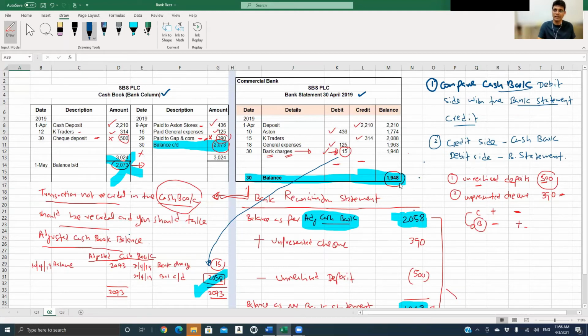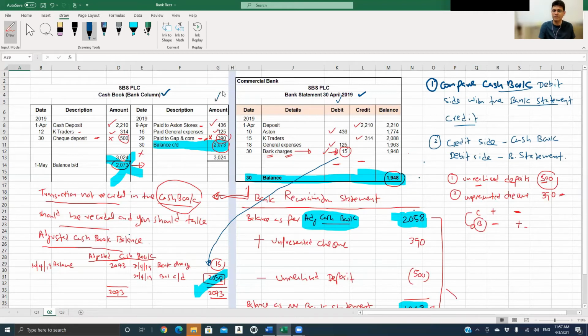So they credit, whereas we treat this as our asset, so we debit. So first, you compare the cash book bank column debit side with the bank statement credit side. Then the cash book bank column credit side should be compared with the debit side of the bank statement.